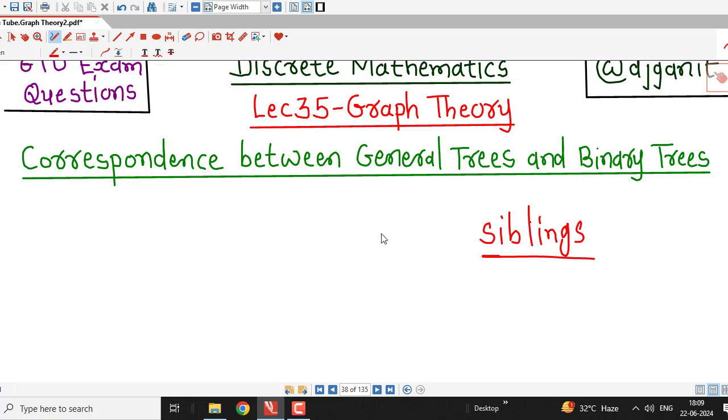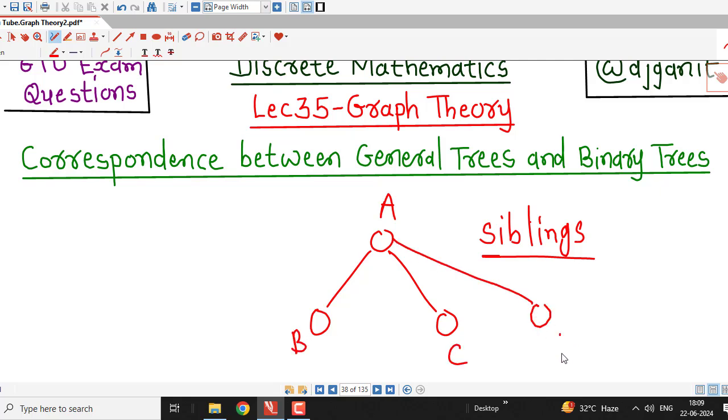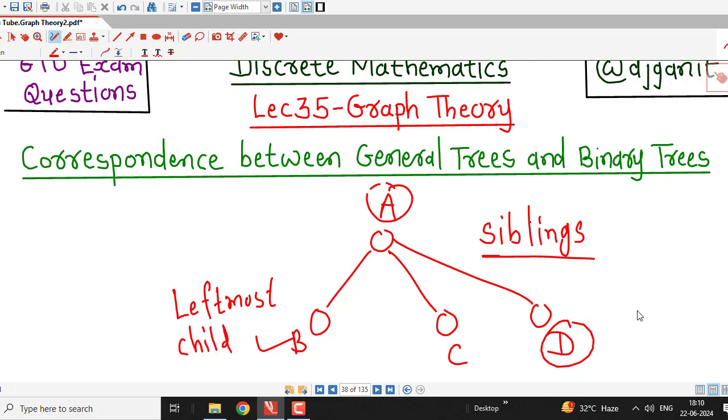Suppose I have vertex A, and B, C and D are children of vertex A, then vertex B is called the leftmost child of vertex A, and vertex D is called the rightmost child of this parent A.